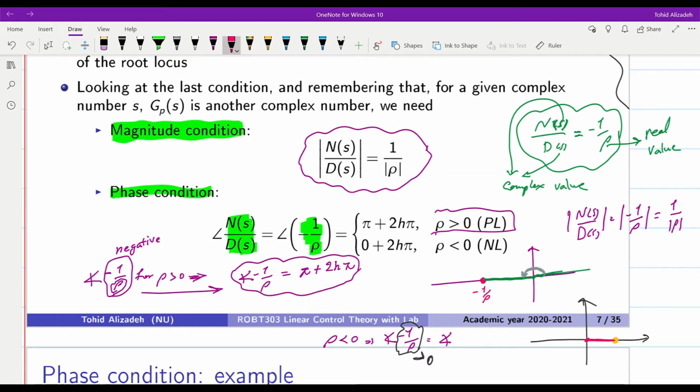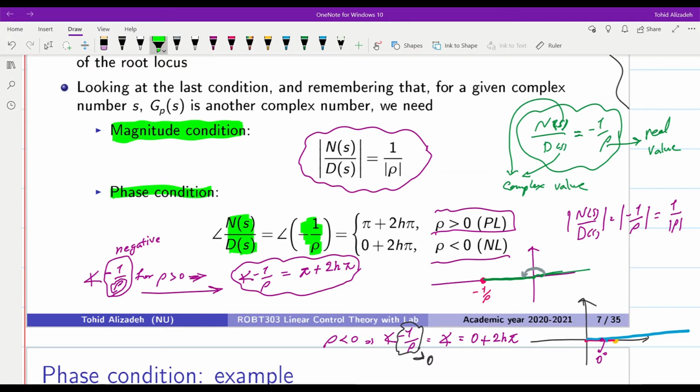I will draw a horizontal line from origin towards plus infinity, and you can see that the angle which should be obtained over here will be equal to 0. Okay, so the phase will be equal to 0, and we can add multiples of 2 pi to it. So for negative locus, it will be equal to 0 plus 2h pi. In general, we say 0 plus minus 2h pi if you consider only positive values for h.